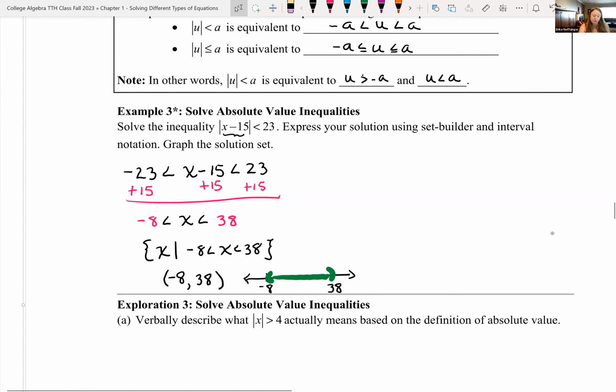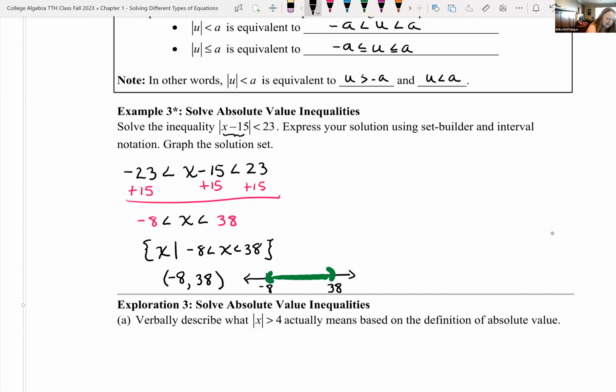If we have greater than sign, so for instance, if we verbally want to describe what the absolute value of X is greater than 4 actually means based off of the definition of the absolute value. So that's telling me my distance between 0 and the number we choose. That distance has to be bigger than 4. So any number that I choose that is bigger than 4 is going to work.